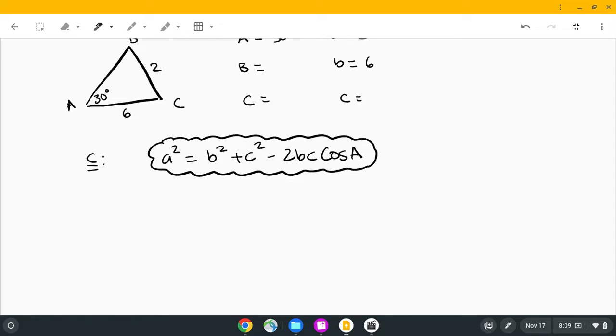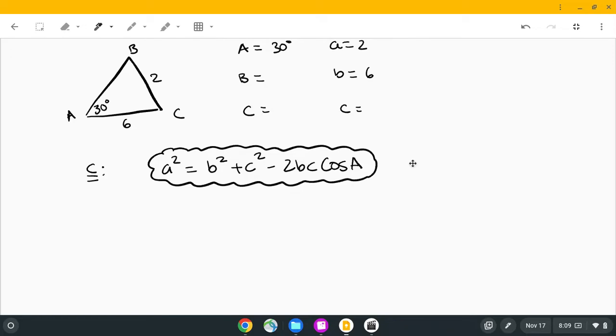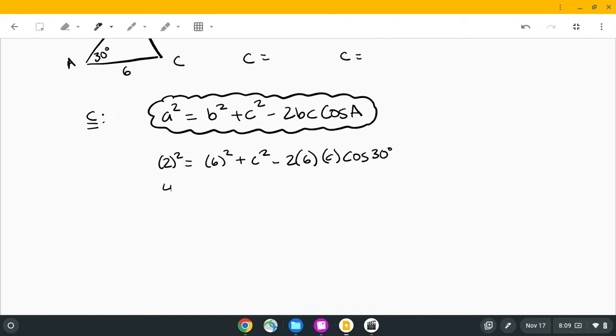All right, so a is 2. So 2 squared equals 6 squared plus c squared, we don't know, minus 2 times 6 times c, we don't know, cosine of 30 degrees. So this is 4 equals 36 plus c squared minus 12c.